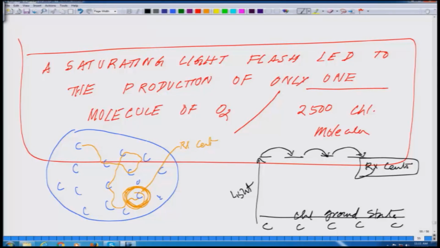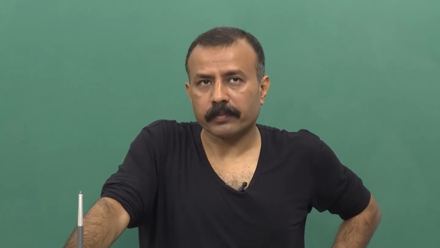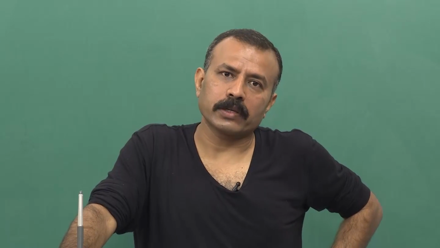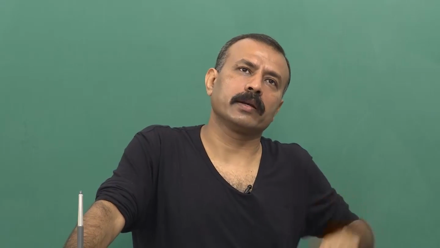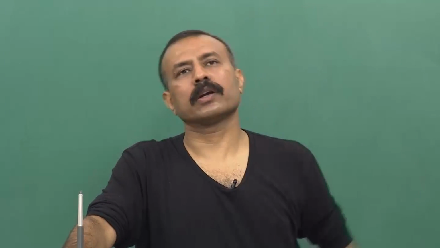So, this is how, by very simple experiments back in the early 1900s, it was discovered that the whole process is not 1:1, like one light falling on a chlorophyll and generating an oxygen. It is not like that.